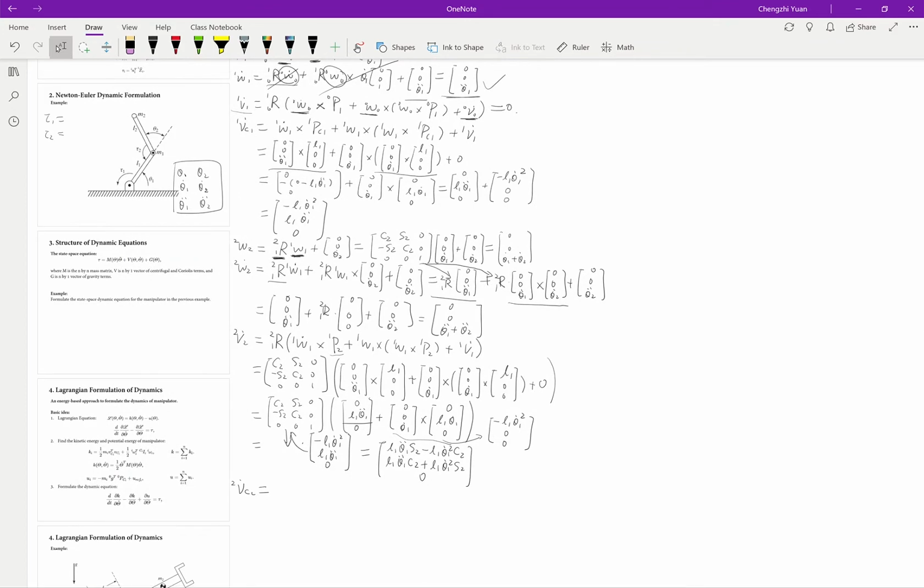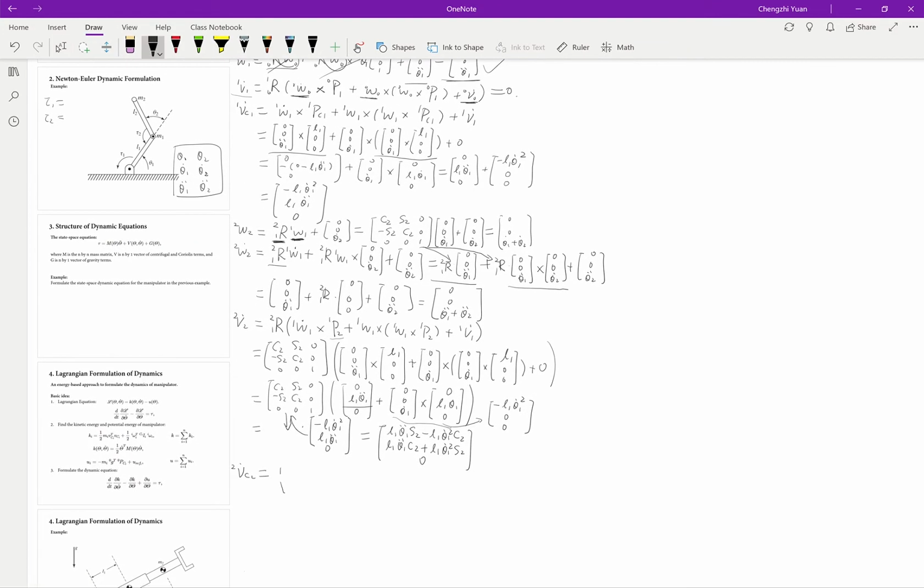In this case, it will be equal to omega 22 dot cross product PC22, plus omega 22 cross product omega 22 cross product PC22, plus V22 dot. So in this case, what will it be equal to?